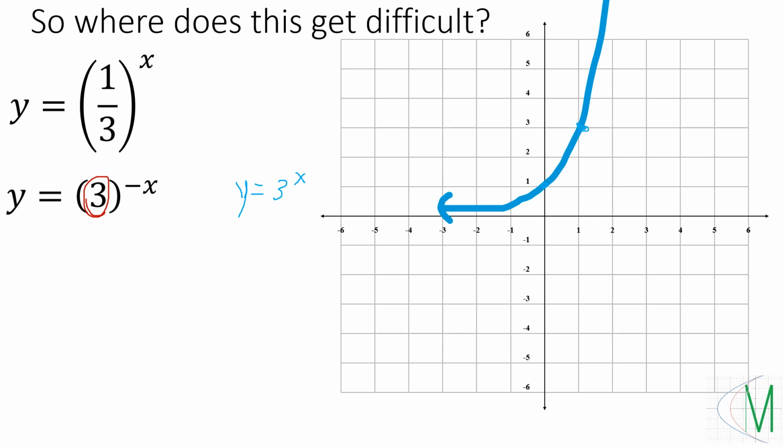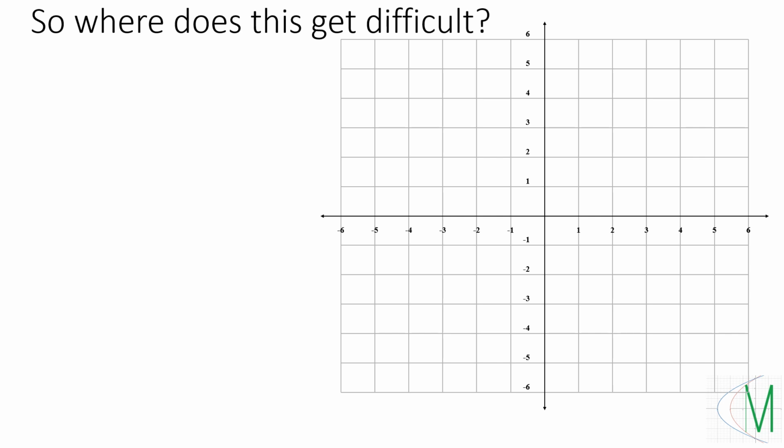And you can plug in numbers and see how the graph just grows a lot quicker. Since I have 3 to the negative x, that's going to just flip that over the y-axis, and it'll look like that. So exact same problem. If the base is bigger, it's going to be steeper. That's the only difference. Nothing really huge. And also, don't forget about your asymptote.